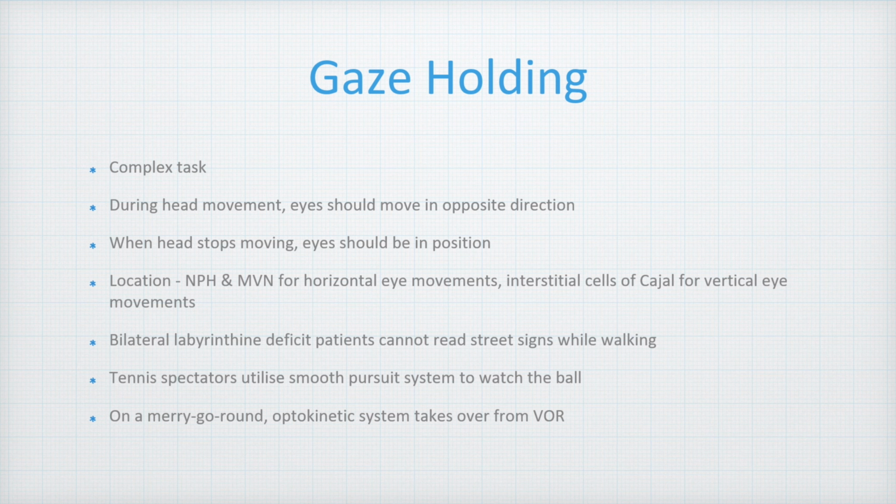So gaze holding is primarily by the vestibulo-ocular reflex for short durations, but beyond that it has to be taken over by the optokinetic system so that the gaze continues to be maintained even in a situation as challenging as a merry-go-round.